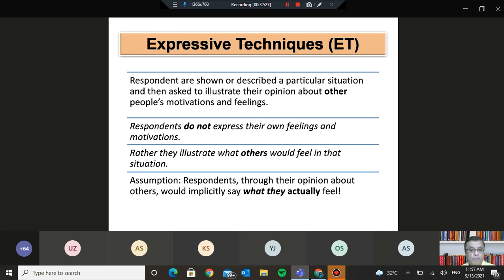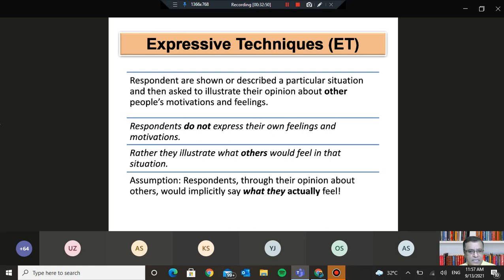So they are basically sharing what they have in them, but you are giving them an opportunity to express it in a manner that they themselves don't feel embarrassed about. The projection is from the point of view of the respondent, and it is convenient.